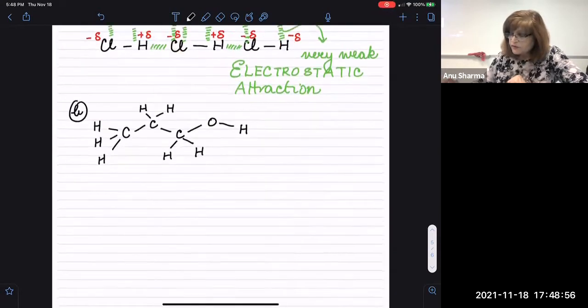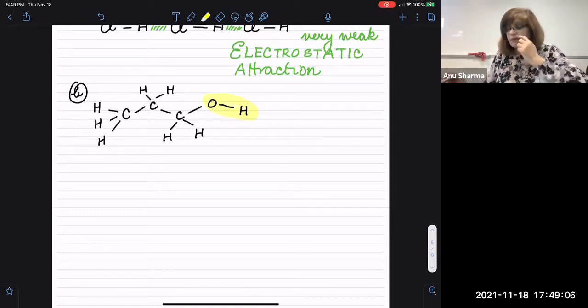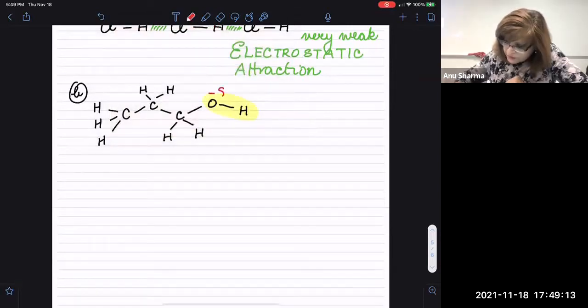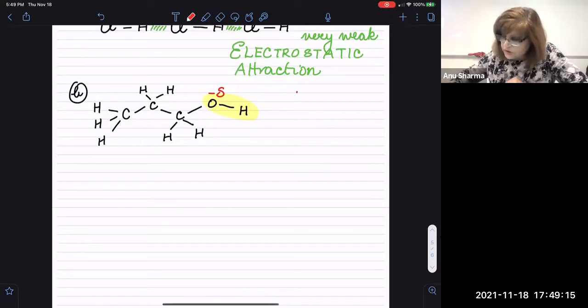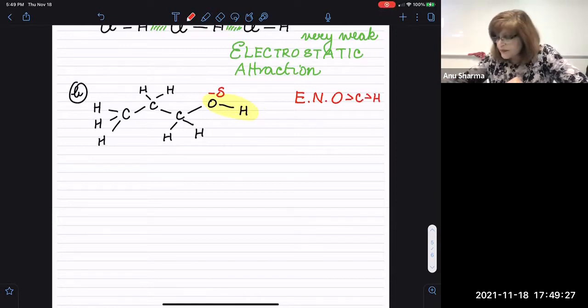So here the more electronegative atom is oxygen. You see this part right here, oxygen and hydrogen. This is a polar bond because oxygen is holding the electron clouds towards itself. The electronegativity of oxygen is more than that of carbon, and carbon is more than that of hydrogen. So most electronegative is oxygen. So yes, this bond is going to be a polar bond.